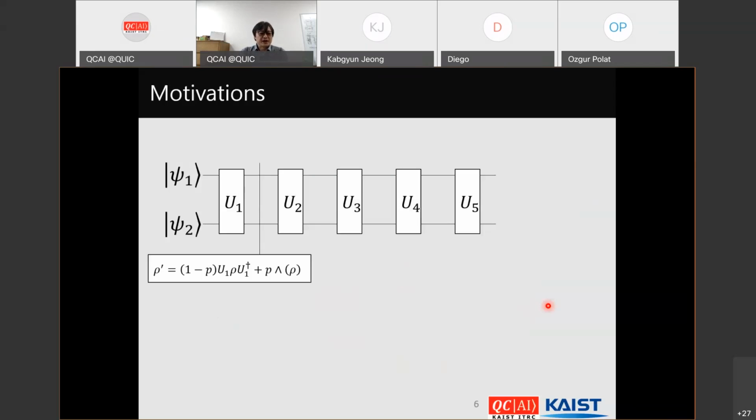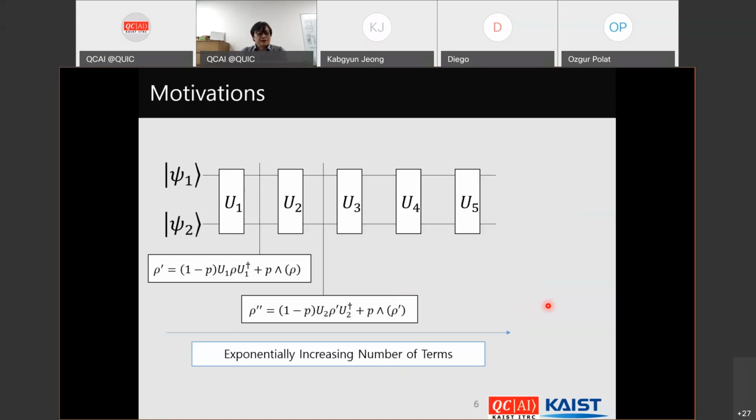We call that an error channel. And then as it passes on, the probability of having error or not produces a very complex trajectory of errors, right? So the number of terms is increasing exponentially.